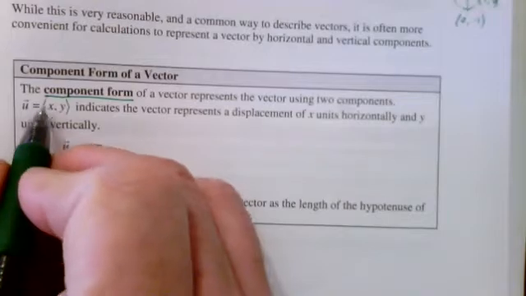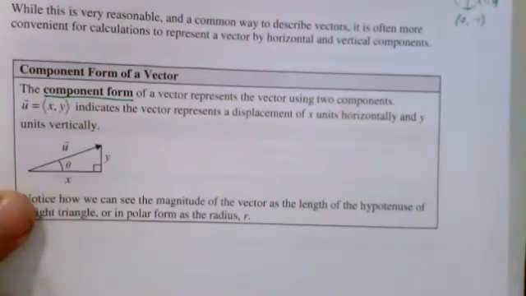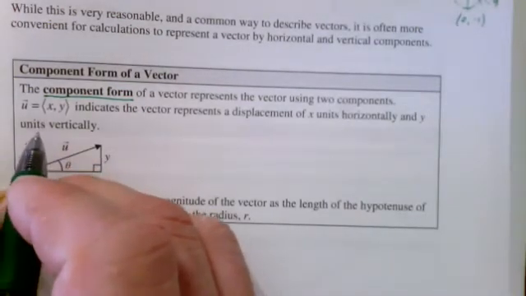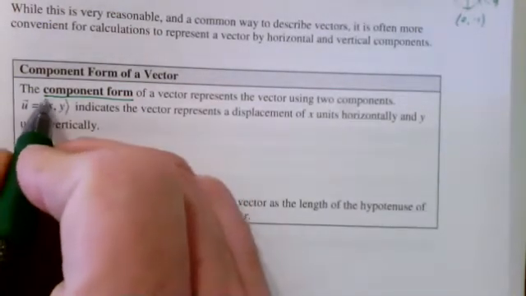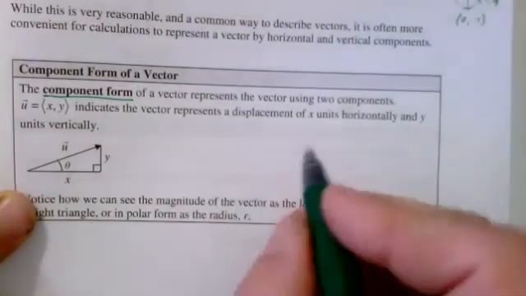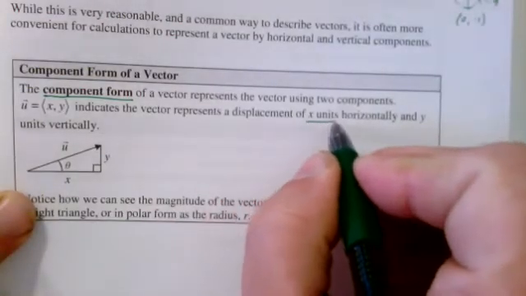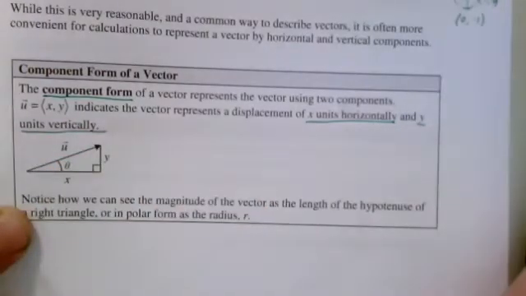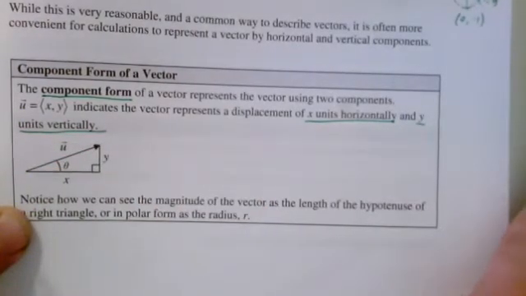Now, notice these symbols here. In upper level mathematics, that's called the order of the vector, or the order of a specific term or series or sequence. Notice that it's a triangle bracket, and that represents x units horizontally and y units vertically. That's really no different than anything else you've ever done in algebra 1, algebra 2.